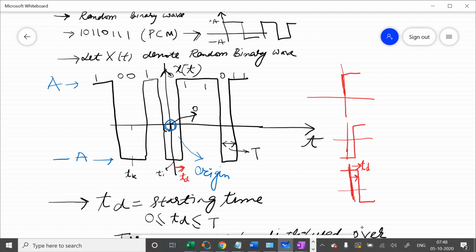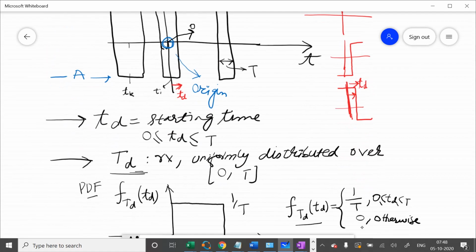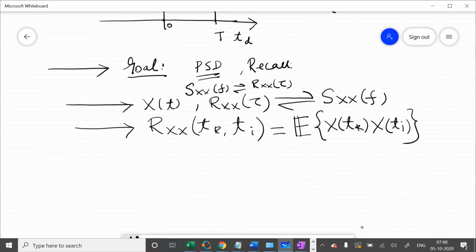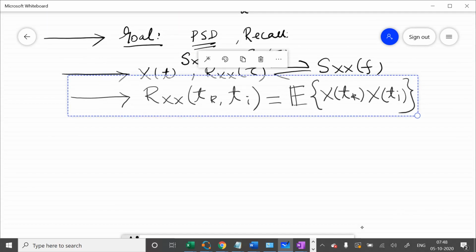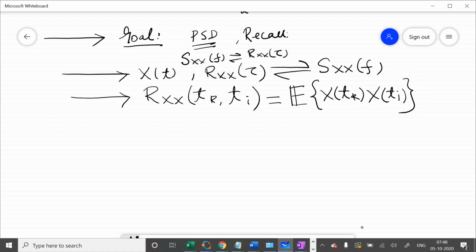In that case, tk and ti lie in two different pulses, and hence they are independent of each other. Because this is a random pulse sequence, the value you get at one time is independent of the value you get at another time.